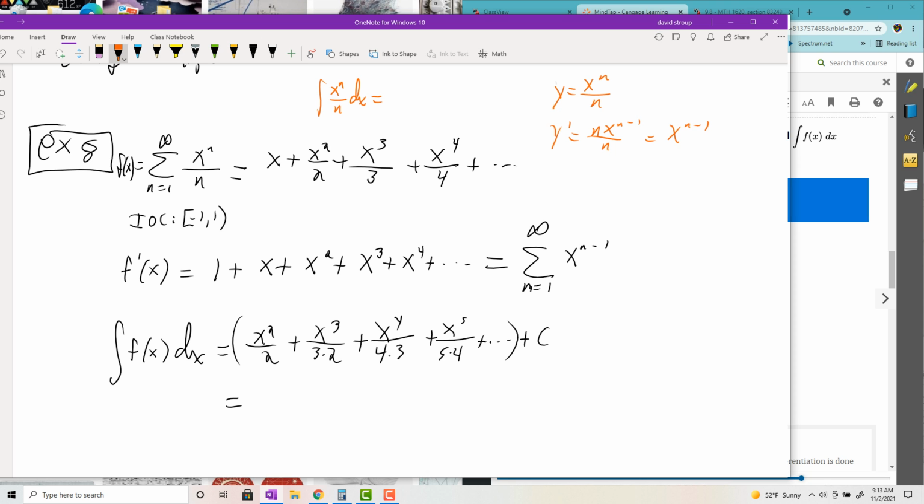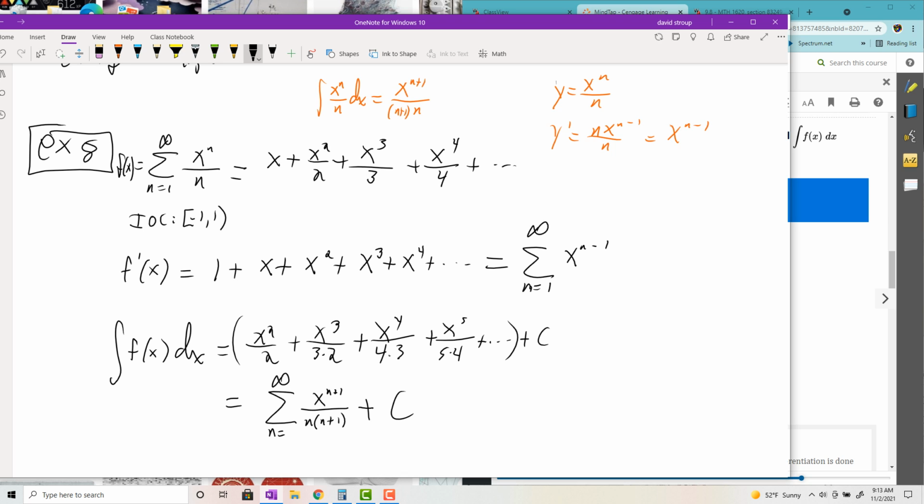So what are you doing? You're adding 1 to the old exponent and dividing by it. And there's already a factor of n down there, so you get n plus 1 times n. So our formula in summation notation is going to be x to the n plus 1 all over, let's put n first, and then times n plus 1. And then I need to figure out where I start, and then what I go to, plus c.